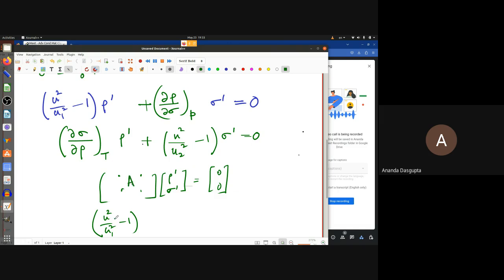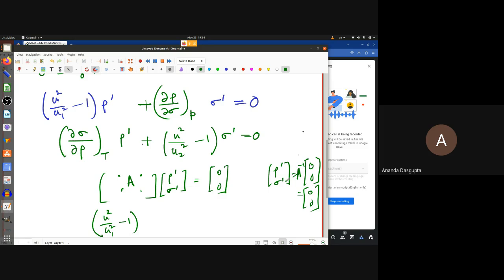If I call this matrix A and this is rho prime, sigma prime, then rho prime, sigma prime would simply be A inverse times 0, 0. That's the obvious thing. The obvious solution would be rho prime is 0, sigma prime is 0.